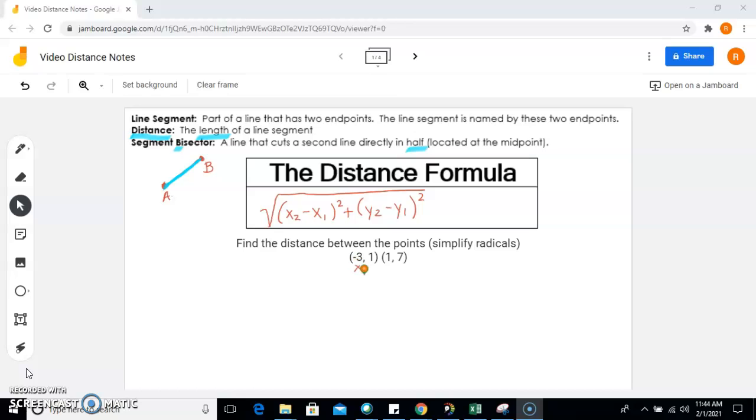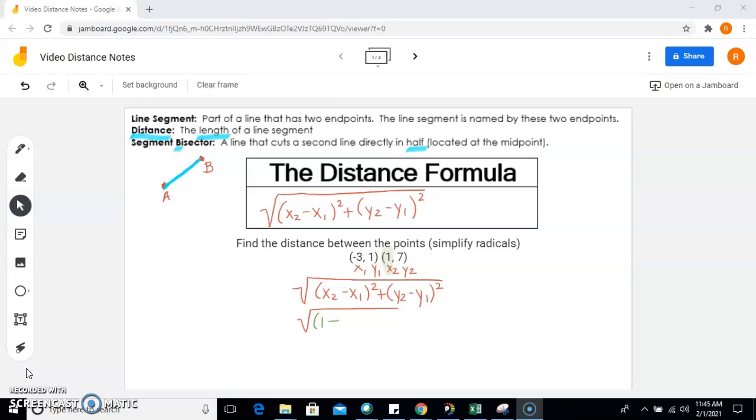So just like before, we'll label our points. First point is my x1, y1. My second point is my x2 and y2. I'm going to take my points and plug into the formula: x2 minus x1 squared plus y2 minus y1 squared. My x2 value is 1.